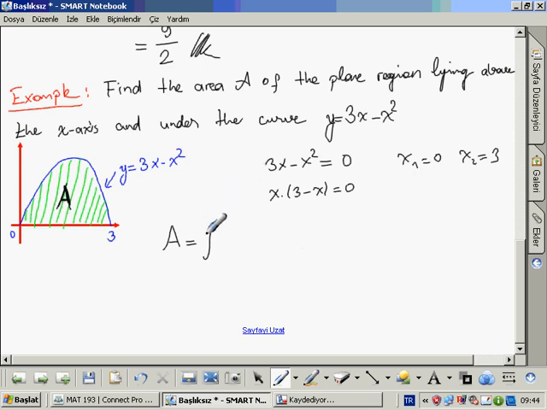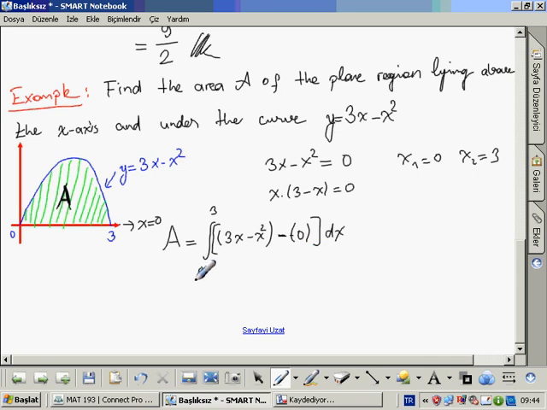The total area can be calculated by the definite integral from 0 to 3, where our function is 3x minus x squared, minus the x-axis equation, which is y equals 0, so minus 0, dx. Because the question was the plane region lying above the x-axis and under the curve y equals 3x minus x squared, 3x minus x squared is the upper curve, and the lower line is the x-axis, so we must subtract them from each other.